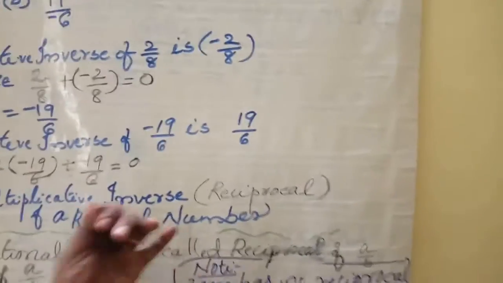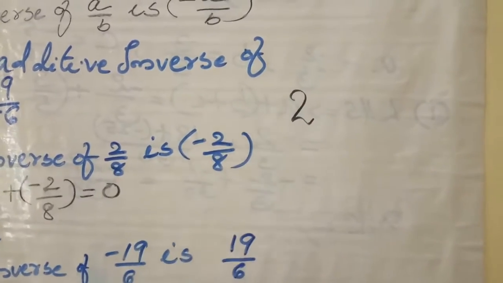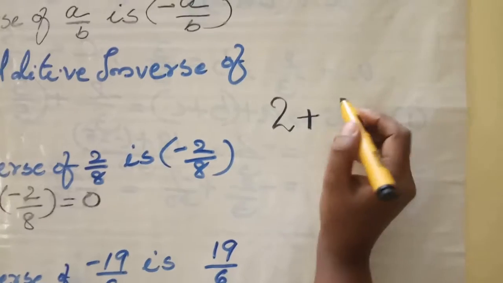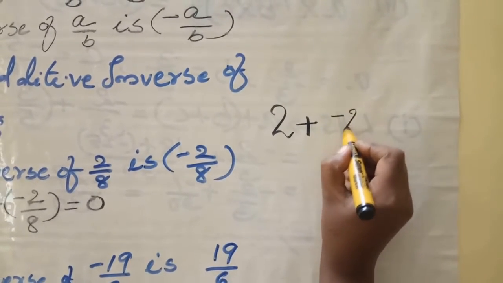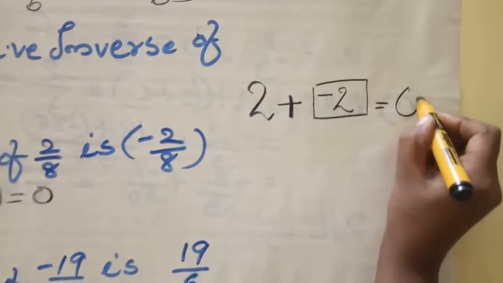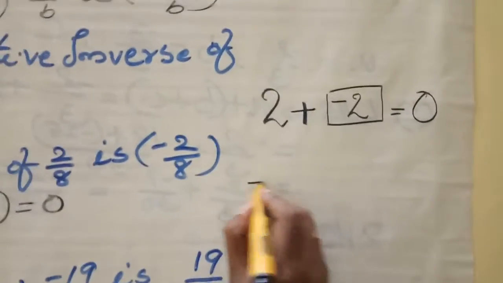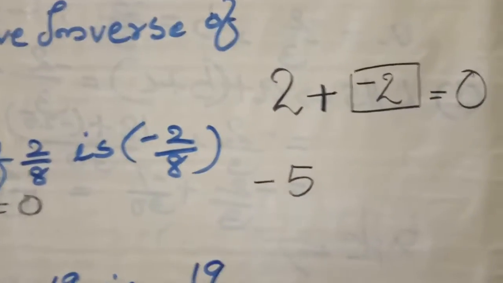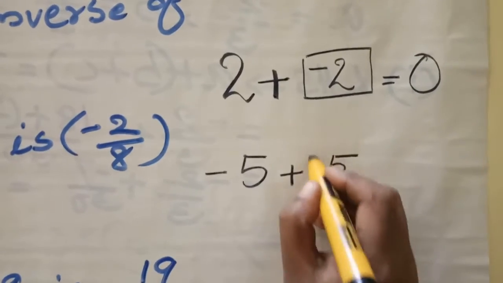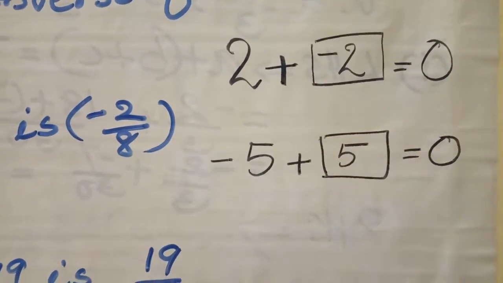Suppose we consider 2, 2 is an integer, then 2 plus minus 2 is equal to, what is the answer? 0. Suppose I consider, say, minus 5, a negative integer, then adding 5 to this, you get the answer 0.